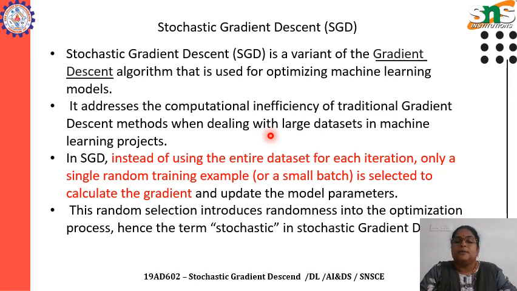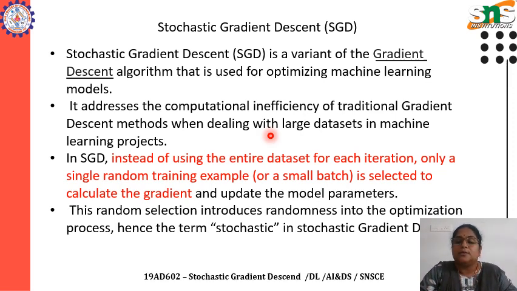So in SGD, instead of using the entire dataset for each iteration, only a single random training example, or a small batch of the dataset, is selected to calculate the gradient, and we update the model parameters.